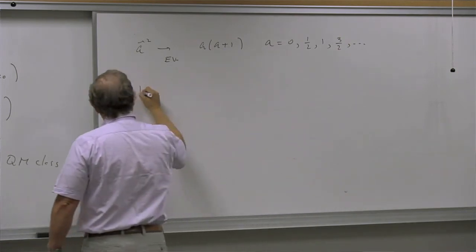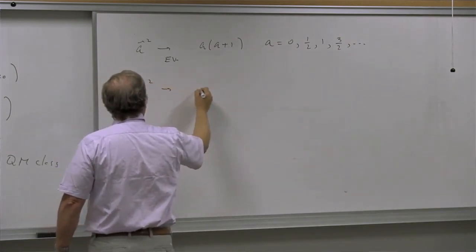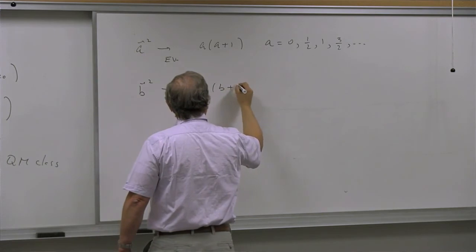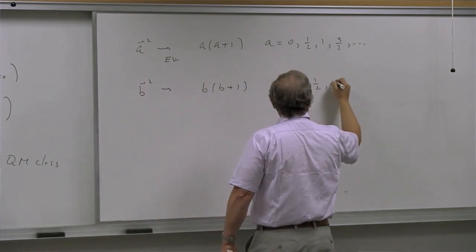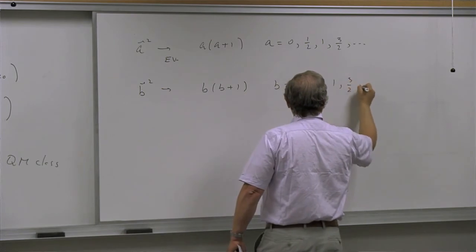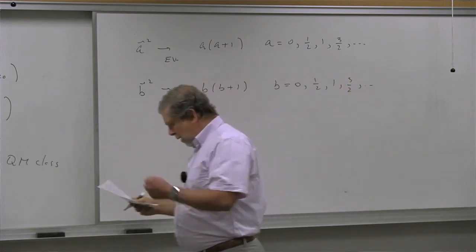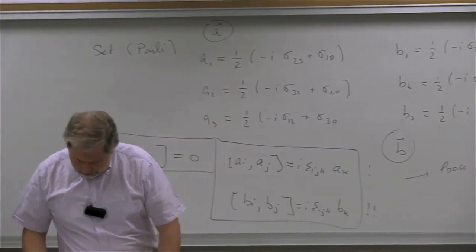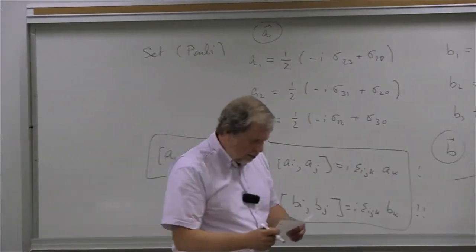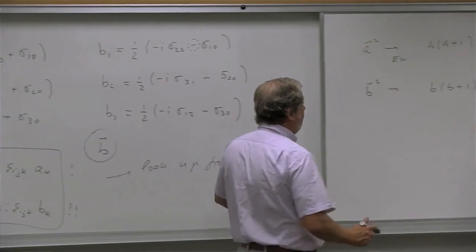And the eigenvalues of B squared are b times (b plus 1), with b equals 0, 1/2, 1, 3/2, and so on.